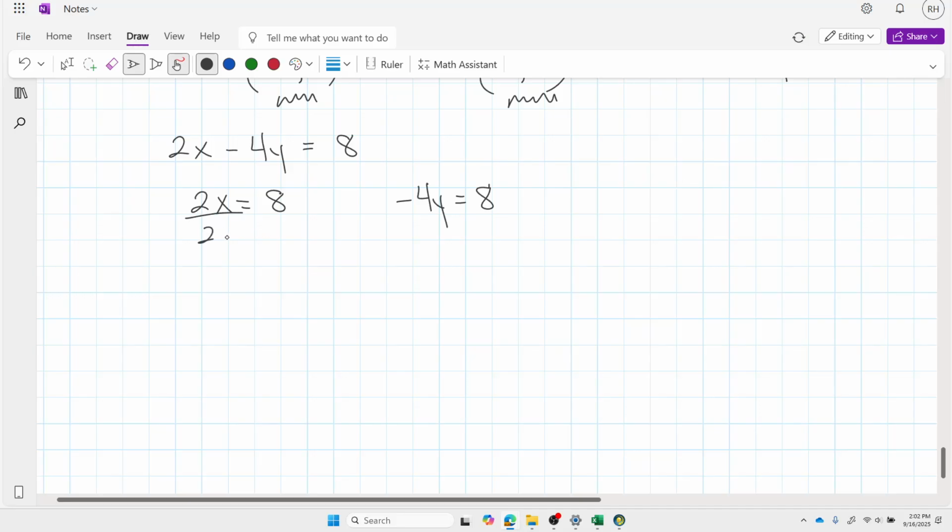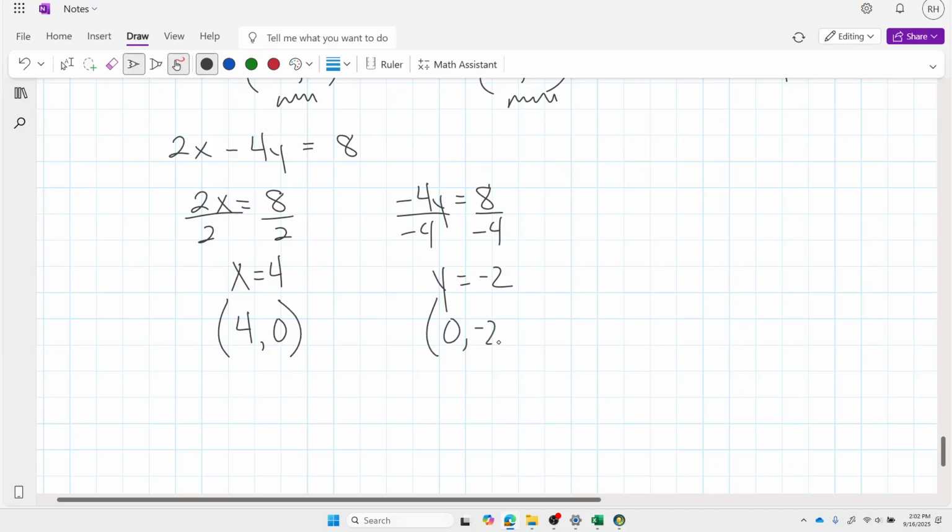So if you solve them both, we get an x that's equal to 4 and a y that's equal to negative 2. So our x is equal to 4 when y is equal to 0. And when our x is equal to 0, our y is equal to negative 2. So then you can graph it.